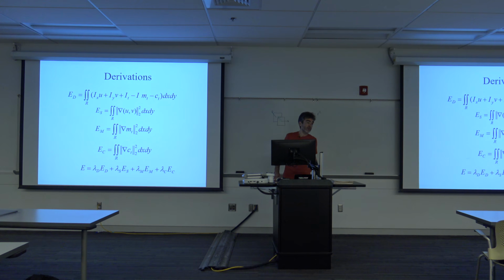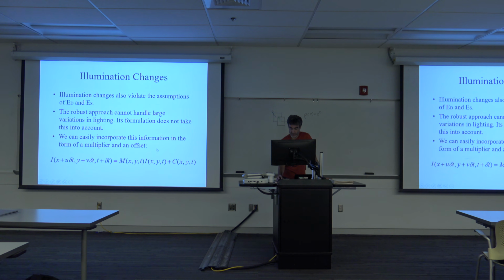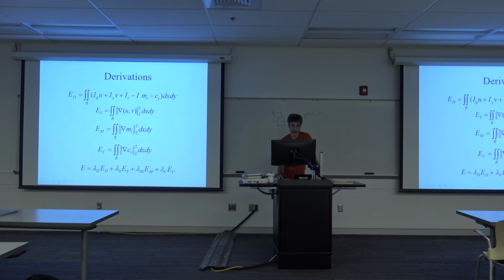Now, if we do the derivations of this, now we need additional terms. This is the same term that we had before. Nothing has changed, only that now, since I compute the gradient of this function, this criterion, with respect to these other functions, right? I'm going to have what I had before, the partial derivative of the image with respect to x times u, plus the partial derivative of I with respect to y times v.